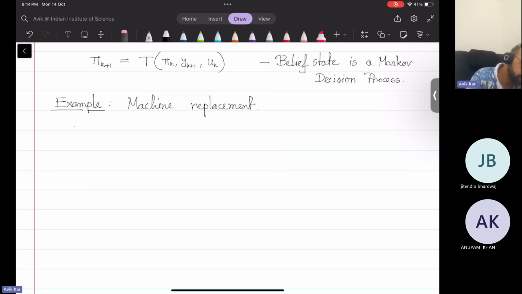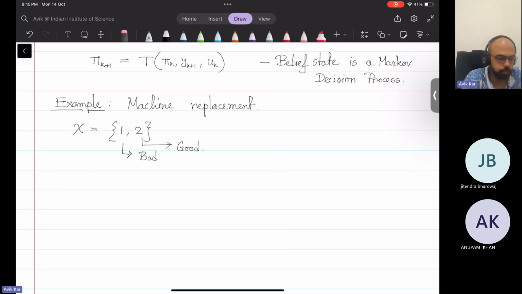So say the state space has two elements, one and two, which is binary. State one corresponds to bad machines, poorly performing machines. So the current state is bad, and this is good.